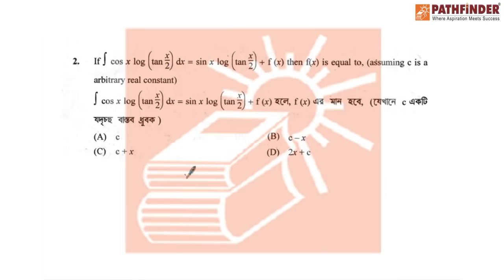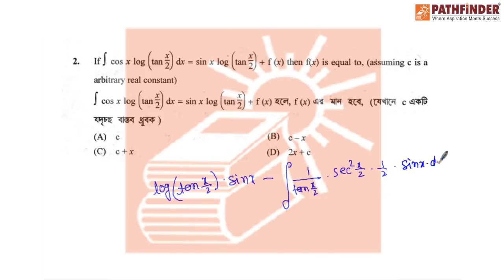So if we integrate it by parts, we will get log of tan x by 2, then integration of cos x, that is sin x, minus 1 by tan x by 2 sec squared x by 2, 1 by 2, integration of cos x, that is sin x dx, eventually which is equal to sin x log of tan x by 2 minus x plus c.